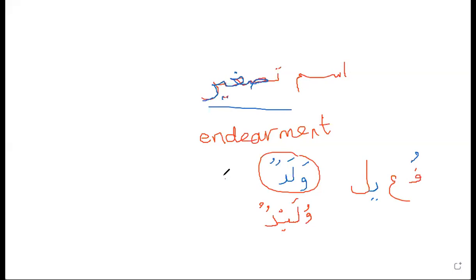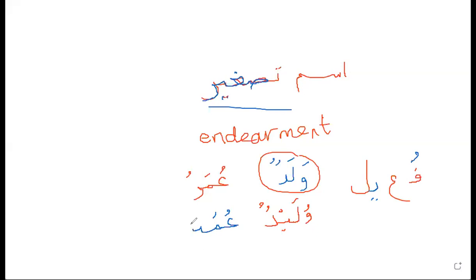Now, let's look at a few other words. Umar. You want to make Umar into a tasghir. So the first letter will take a dhamma. It already has a dhamma, but it takes a dhamma in this case anyway, as tasghir takes the dhamma. And then you have the meem as normal with the fatha on it.